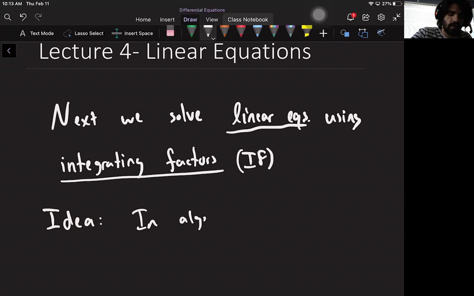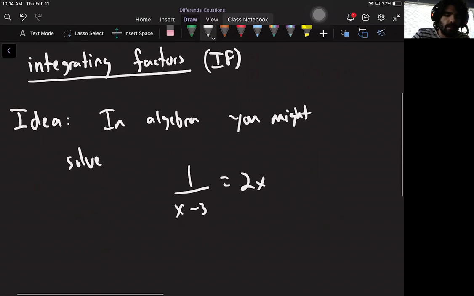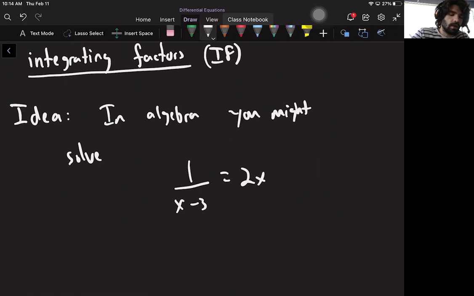Like in algebra, you might solve something like 1 over x minus 3 equals 2x. By doing what? Well, you have to multiply by the same thing on both sides.